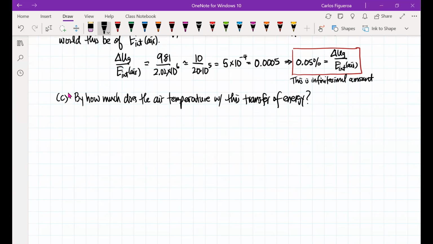Well, if this amount of energy is infinitesimal, then clearly it has to be infinitesimal as well. So then I could say that the decrease in internal energy, but the internal energy is connected to the temperature, is, of course, infinitesimal.